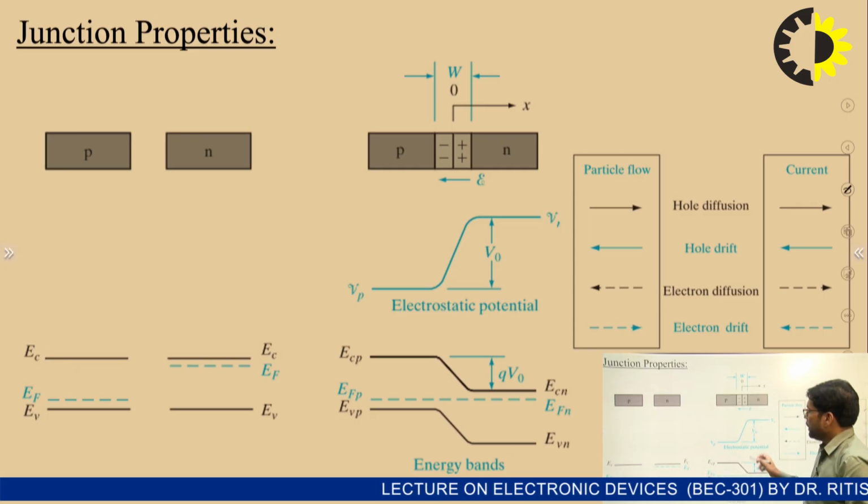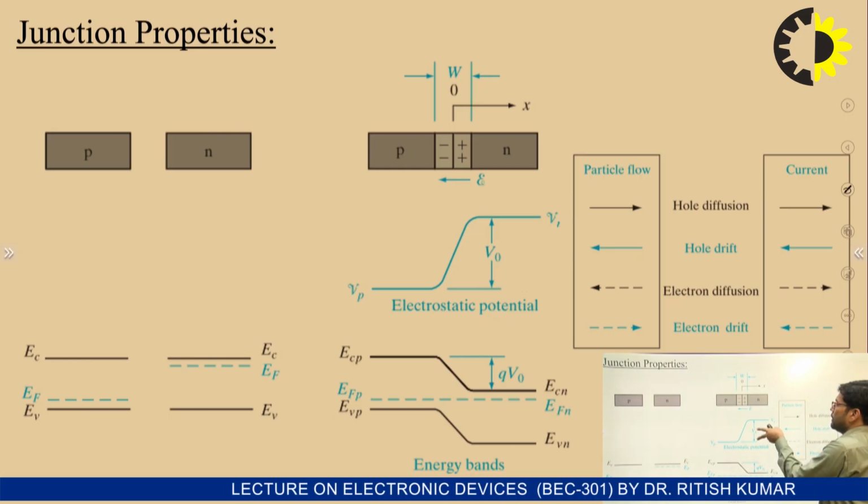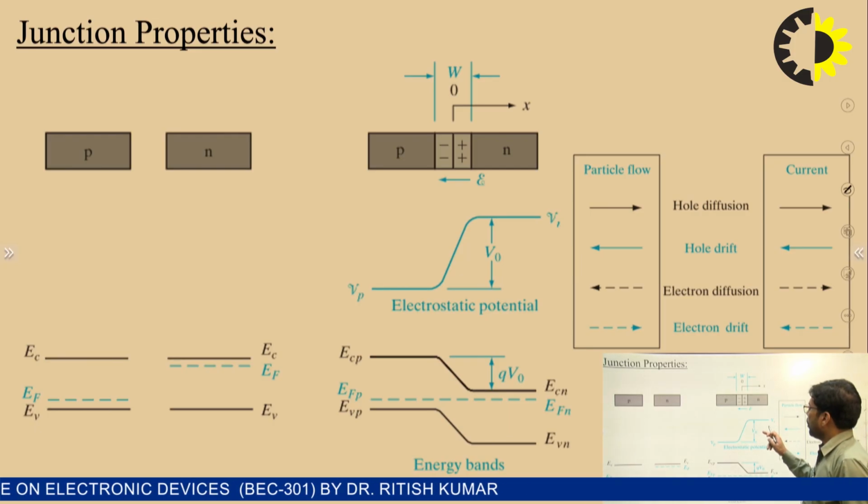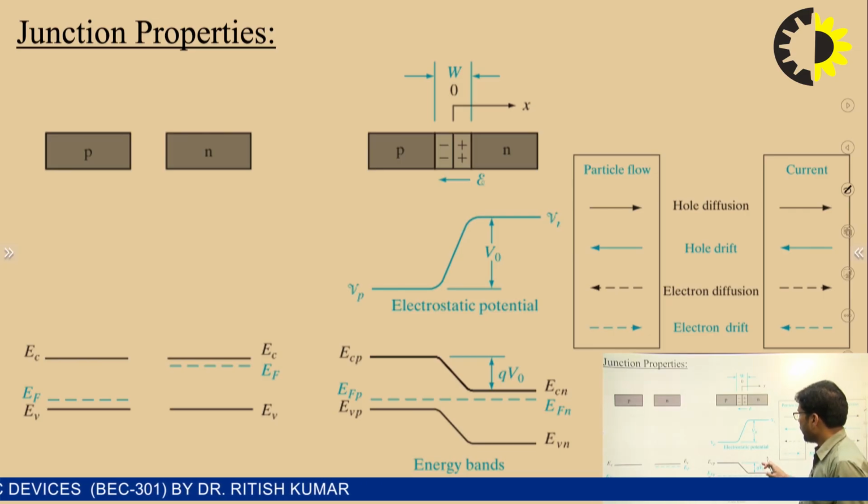So it makes a barrier in between the junction. This barrier is known as contact potential. It is defined by V naught here, and the energy of this contact potential is defined by qV naught.